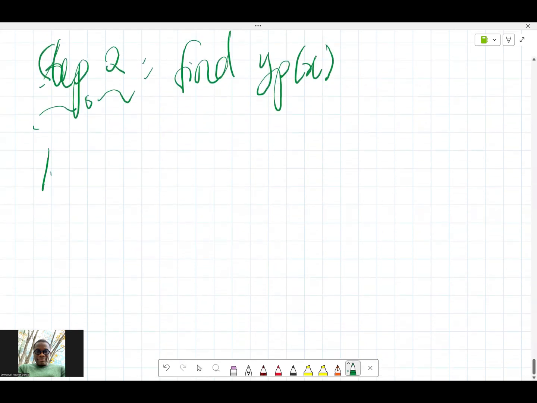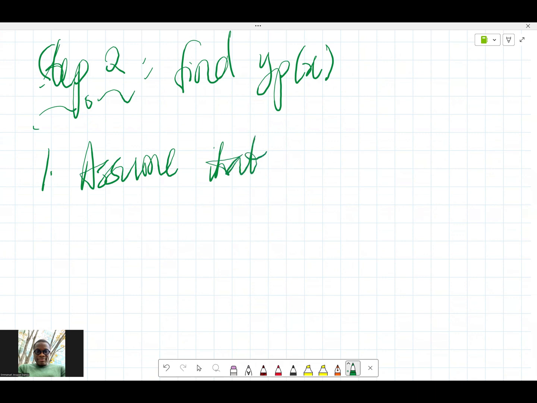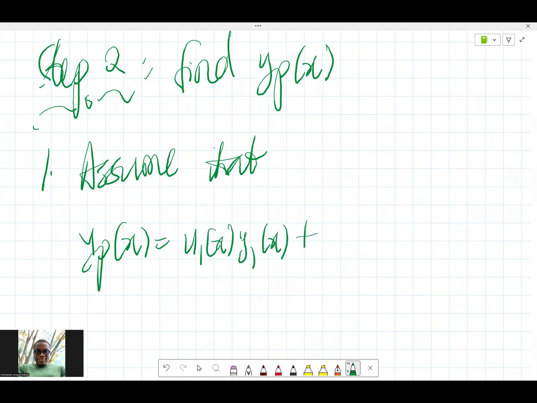So the first step under this step 2 is to first of all assume that yp of x is equal to u1 of x y1 of x plus u2 of x y2 of x.